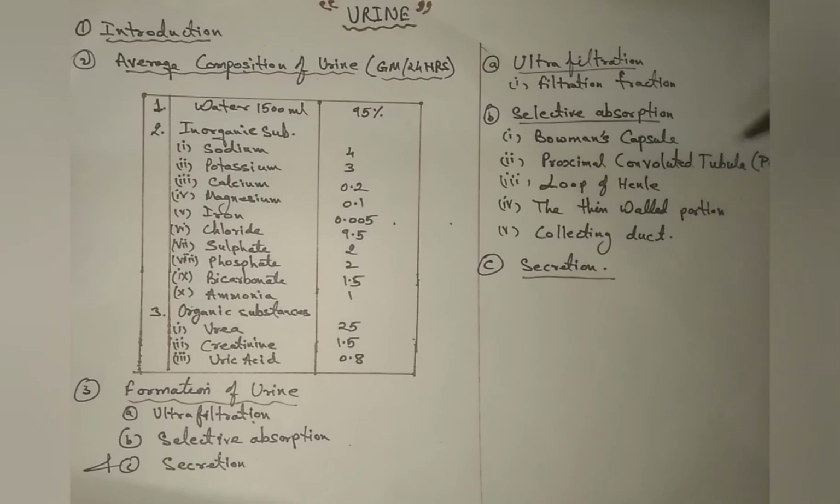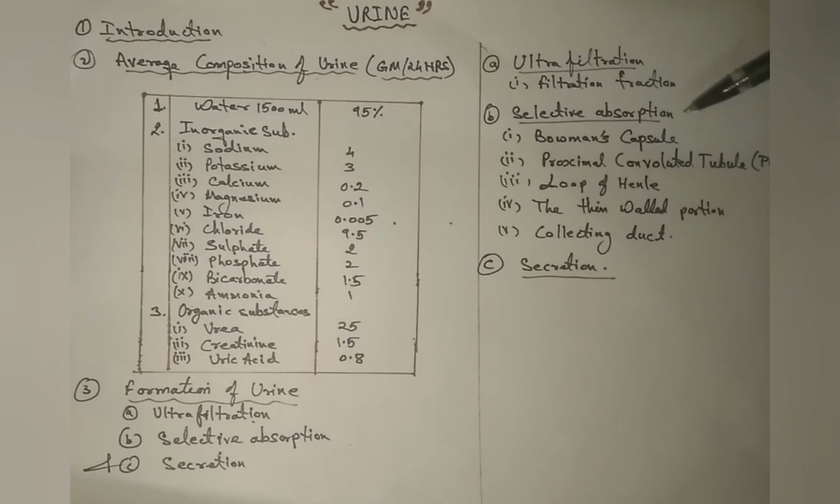Selective absorption. The glomerular filtrate passes gradually from the proximal convoluted tubule, Henle's loop and distal convoluted tubule and reaches the collecting tubules. During the passage, the glomerular filtrate turns into urine by several chemical changes.